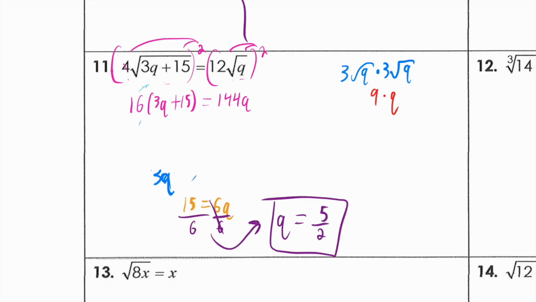And so on the left, I end up distributing, giving me 48q plus 16 times 15. Let me do some math here. 240 equals 144q. And so I subtract 48q from each side, giving me 240 equals 96q.